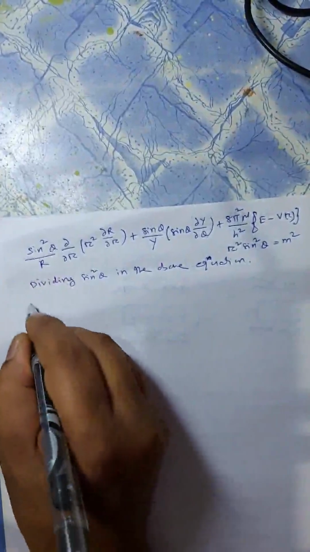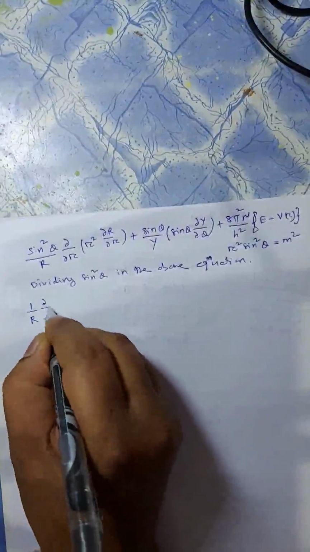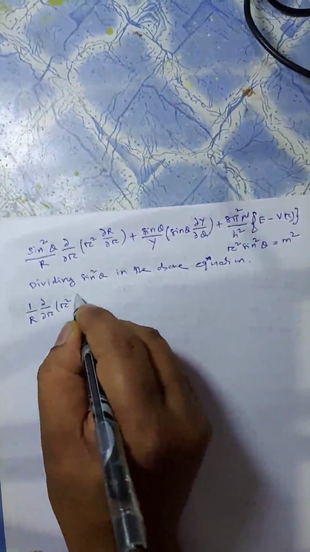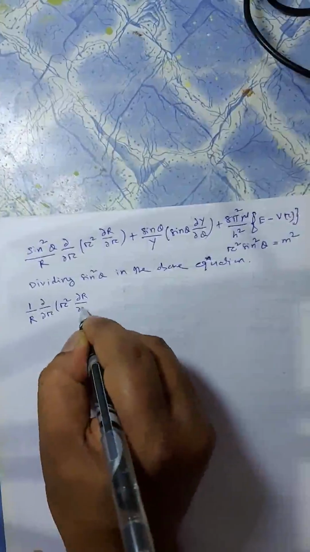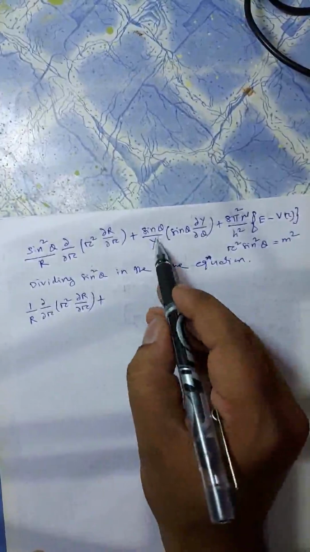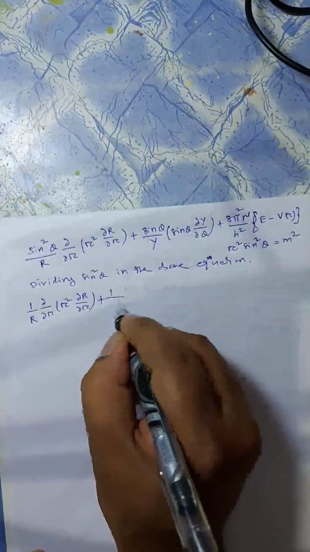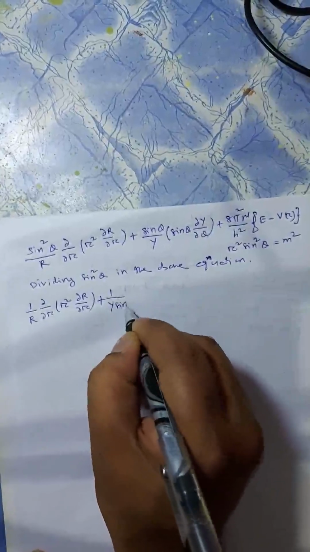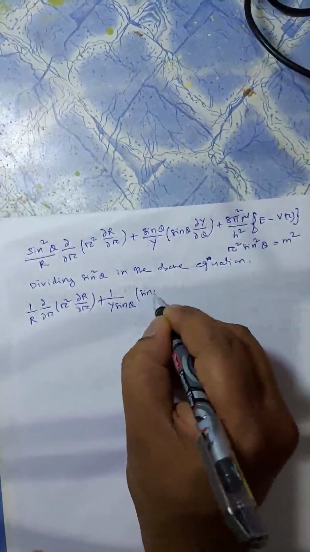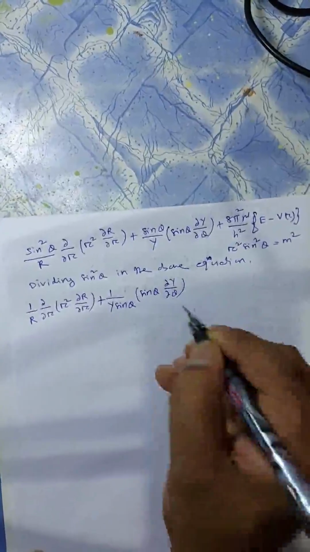Then what is remaining? 1/R ∂/∂r of r² ∂R/∂r, plus, if we divide by sinθ, one sinθ is cancelled, then remaining is 1/Θ, sinθ remaining in the bracket, ∂/∂θ of sinθ ∂Θ/∂θ.